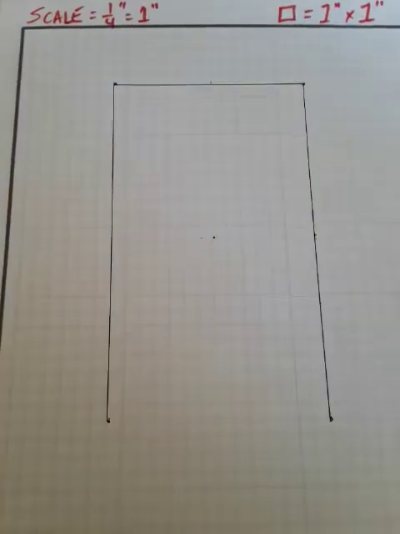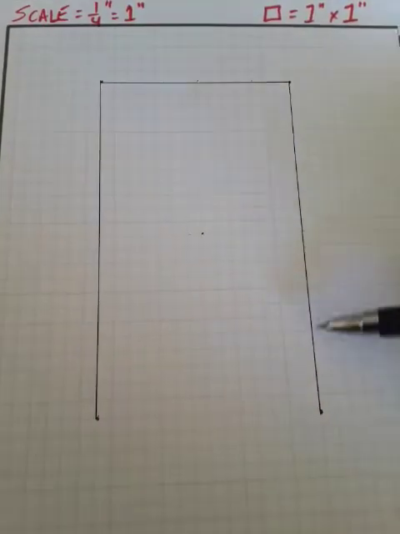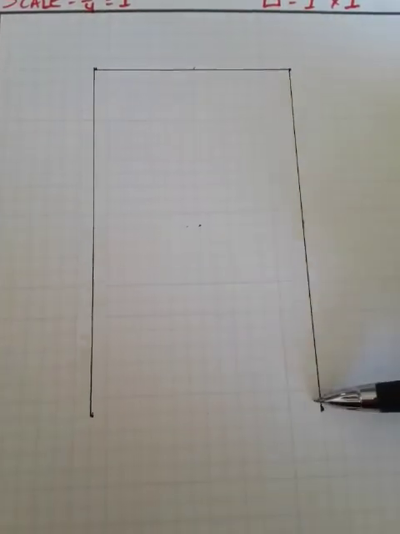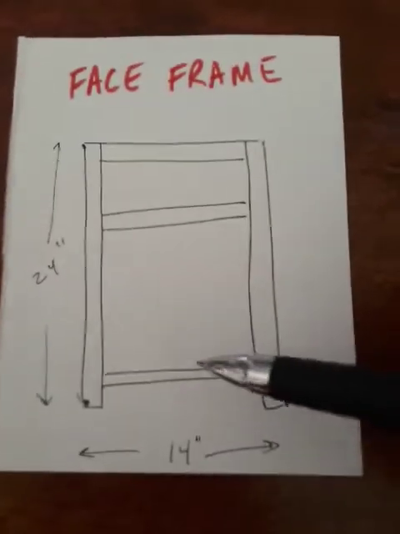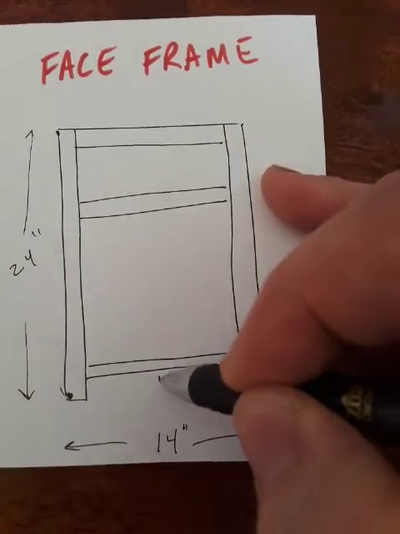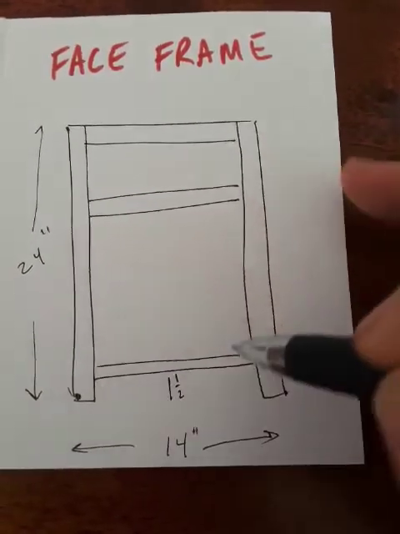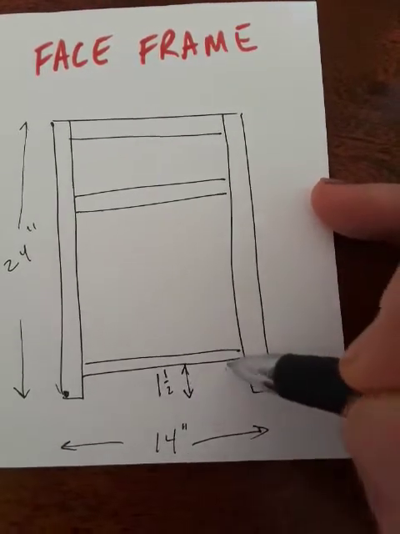I found my spots, and I went ahead and drew my lines, connecting some of those dots. I did not connect across here. Let's take a look at a little more detail. Here is my sketch again. I don't have it labeled here, but 1.5 inches, just like it was in our previous drawing.